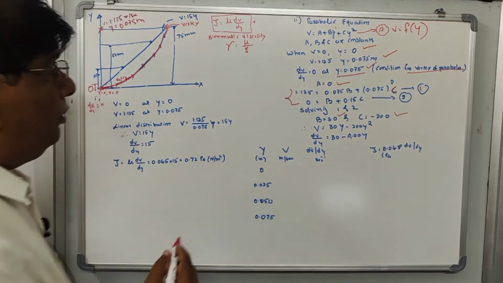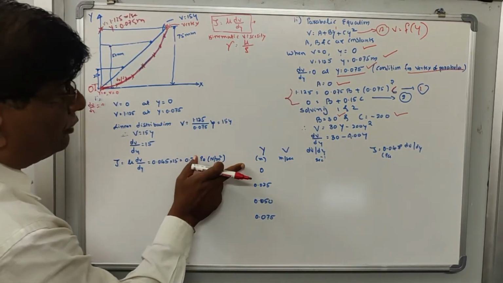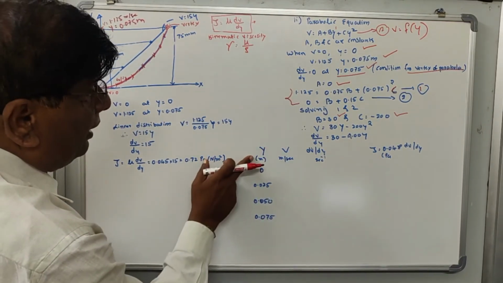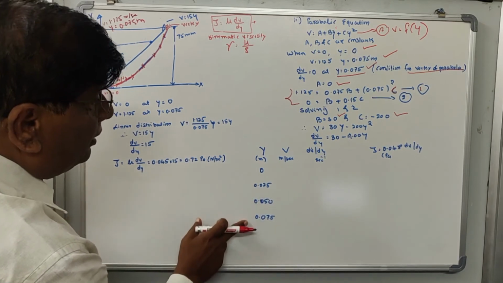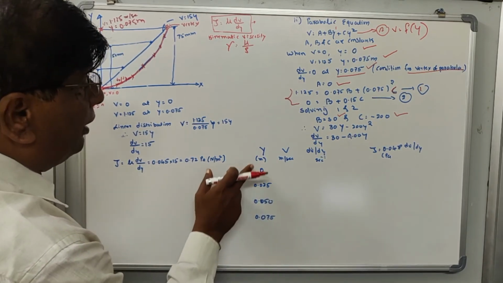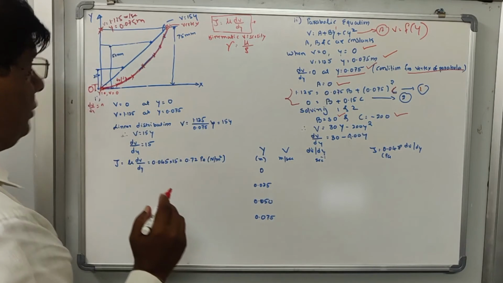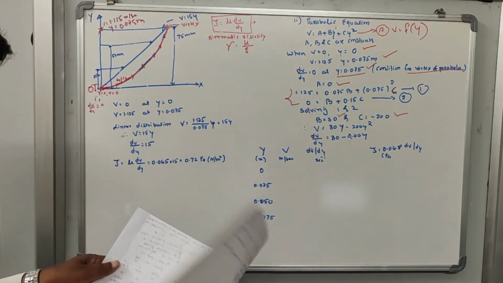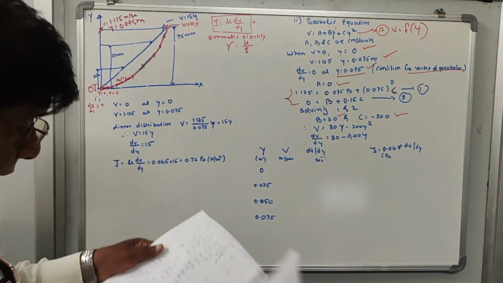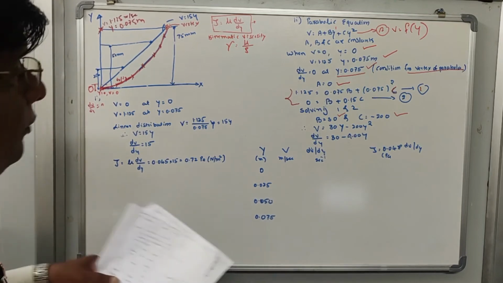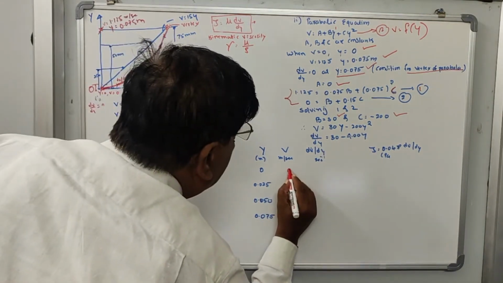So now for the different values of y, you have to calculate this, that is when y is equal to 0. So you calculate when y is equal to 0, v is 0. Okay.